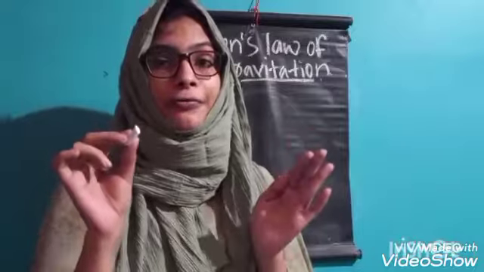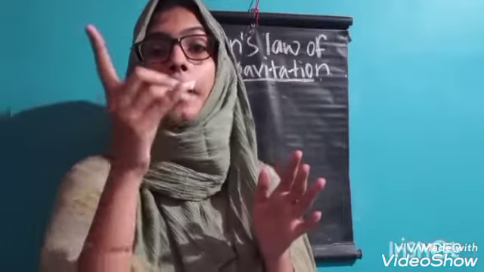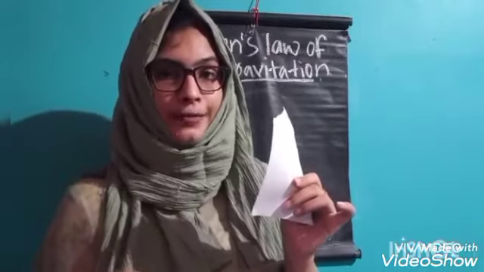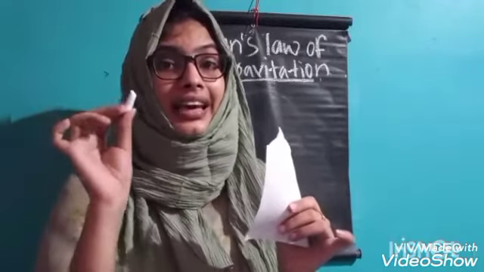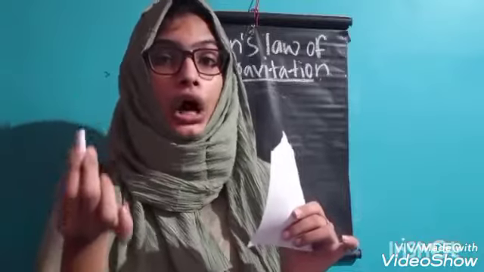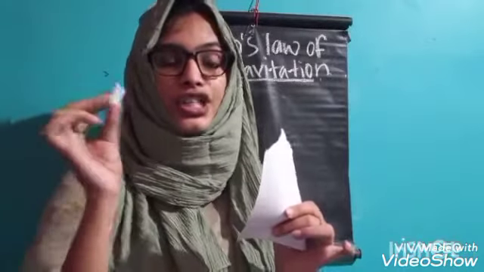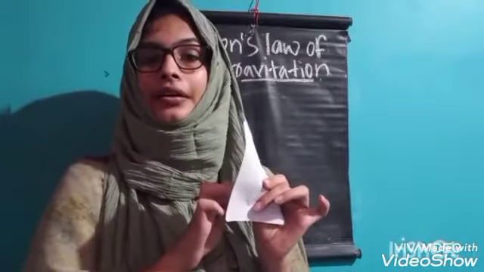So the force of gravitation depends upon the mass of an object. Here the chalk reaches the ground first because the earth attracts the chalk more. Isn't it? The earth attracts the chalk more than the paper.